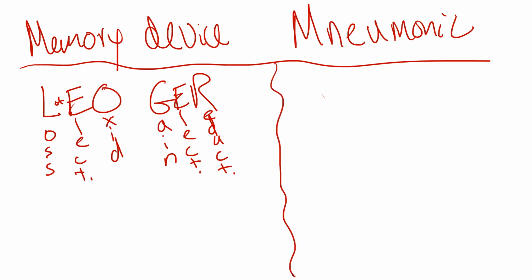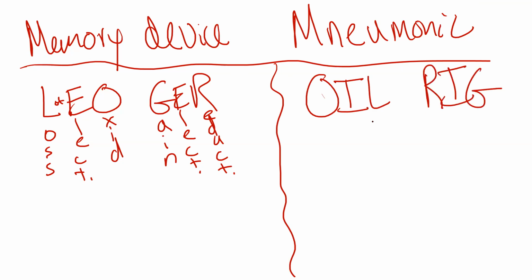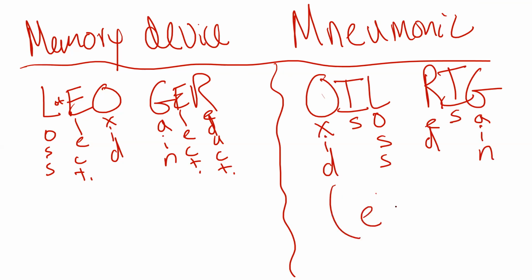If you are a big petrol head, fan of petroleum products, you love cars and big engines and burning long carbohydrate chains, then your other option is OIL RIG. Oxidation is loss. Reduction is gain. What they're talking about, of course, is electrons.